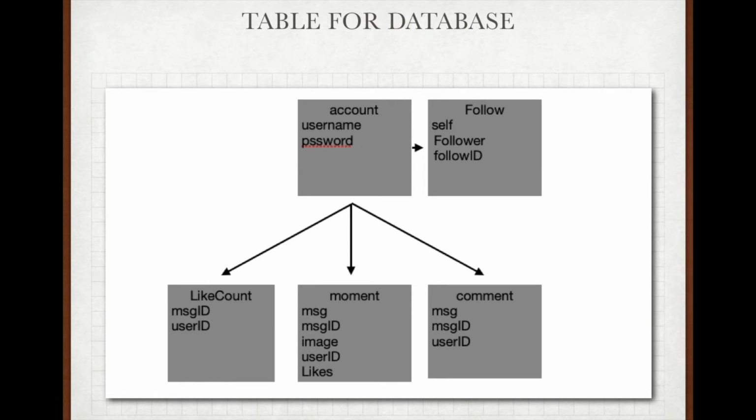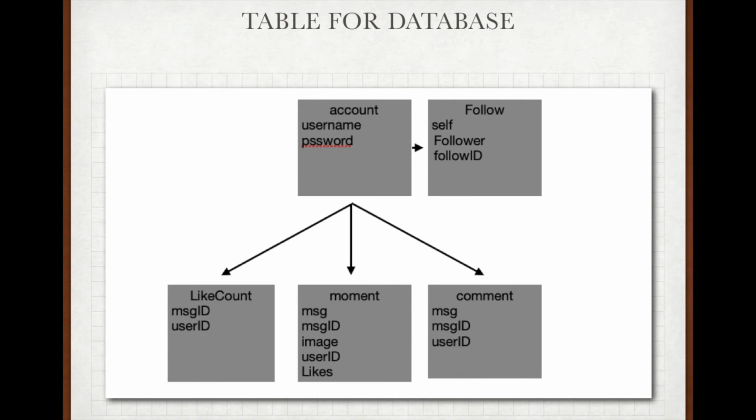Next, let us move on to moment. Moment has 5 categories: message, message ID, image, user ID, and likes. User ID is going to be whoever is posting this moment, and message is going to be what this user has typed in the text box. And image is going to be the path for the image that this person has posted.